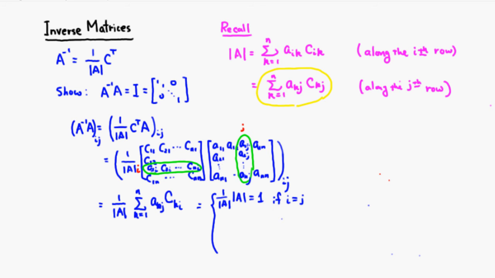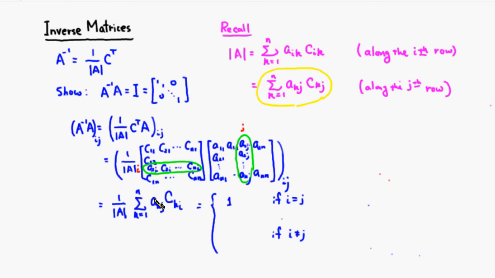Maybe I'll just put 1 here. So if i is equal to j, then we get 1. If i is not equal to j, you notice that you are multiplying the wrong row, or maybe I should say the wrong column.